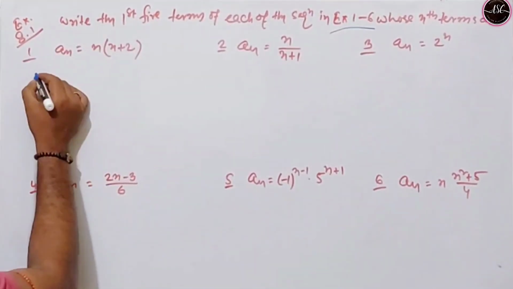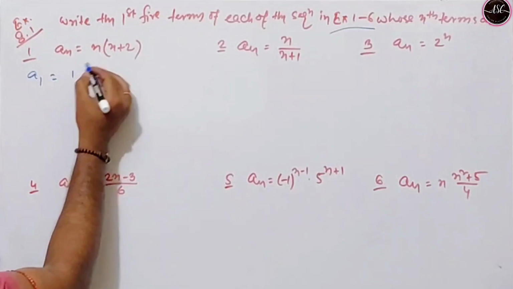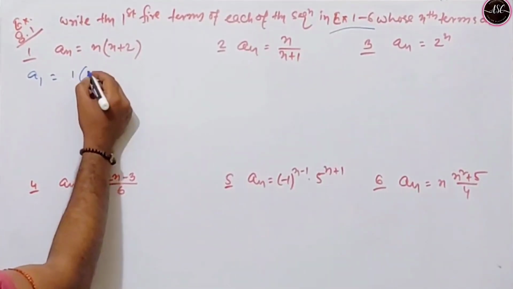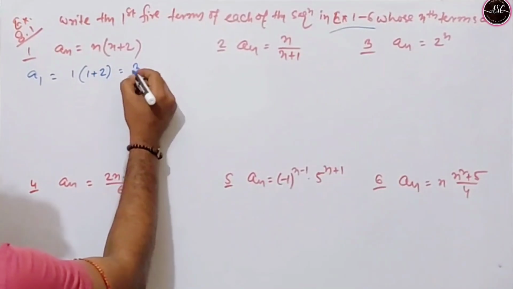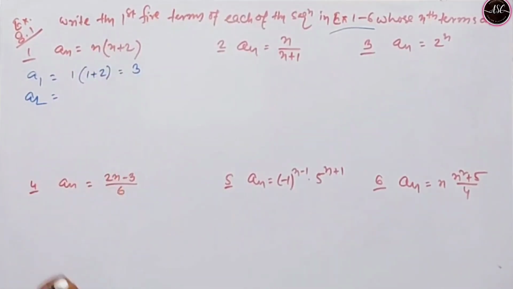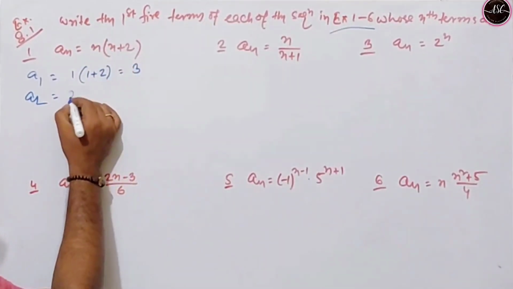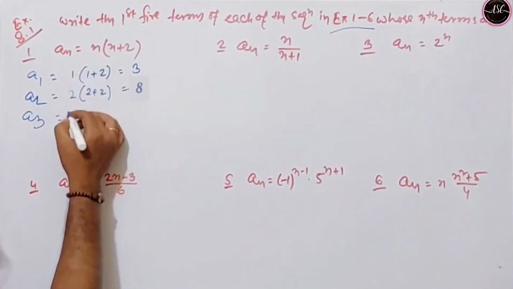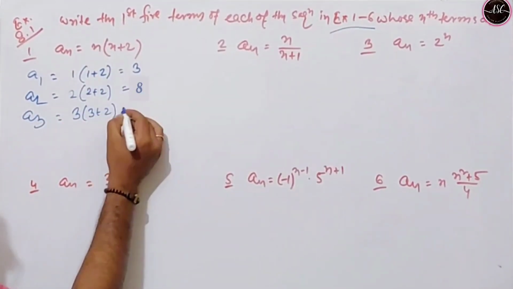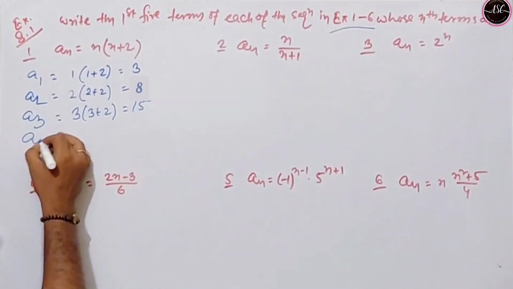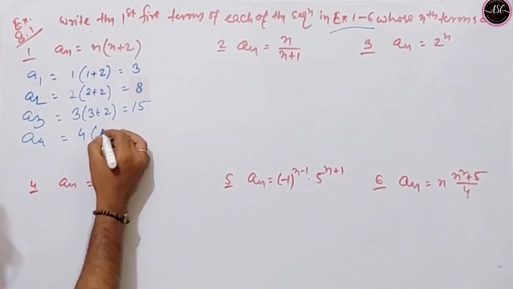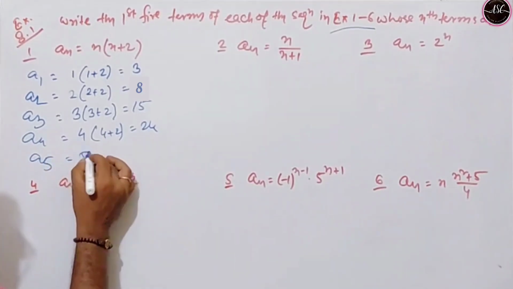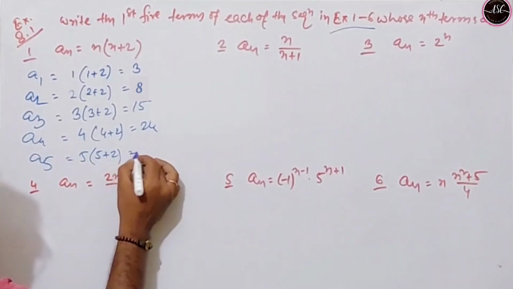Okay. So here a1 equal to, just write 1 in place of n, so this will be 3. a2 equal to, just write 2 in place of n, 2 into 2 plus 2 equal to 8. a3 equal to 3 into 3 plus 2, that means 15. a4 equal to 4 into 4 plus 2, 24. a5 equal to 5 into 5 plus 2, 35.